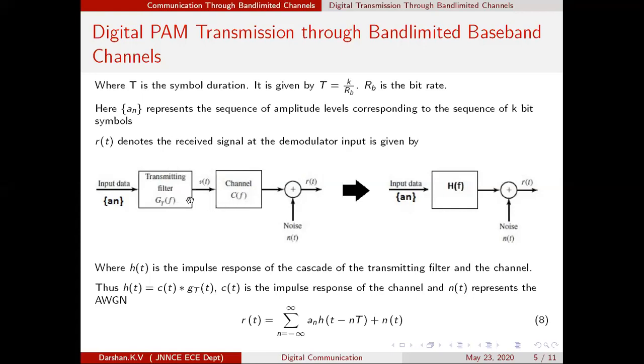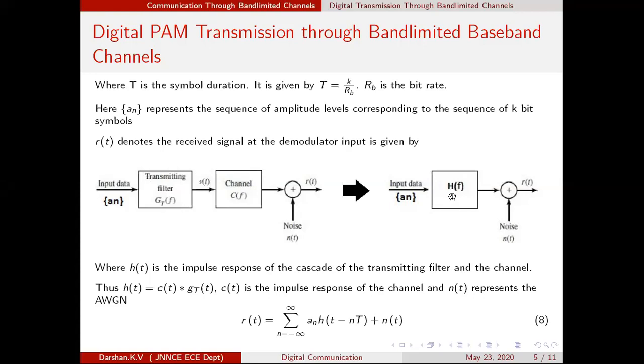These two blocks, the transmit filter and the channel, are represented by a single block which is called H. So R of t is represented in terms of H, not in terms of g_T and c of t.